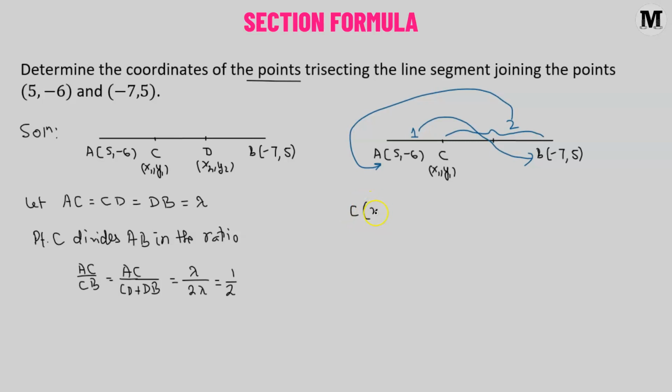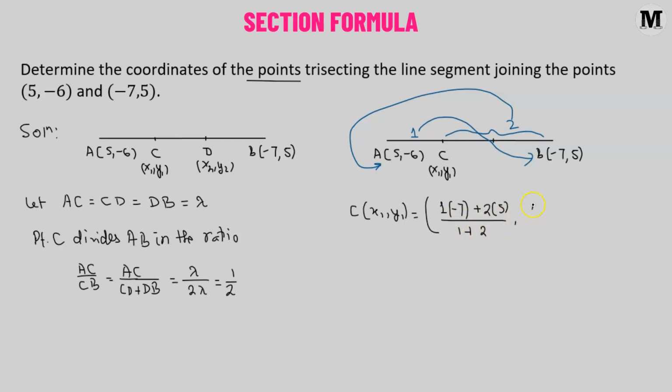The coordinate of C, which is (x1, y1), has the x coordinate: we start with 1 and multiply it with the x coordinate of B, that's -7, added to 2 multiplied by the x coordinate of A, that's 5, divided by the sum of the ratios, 1 plus 2.